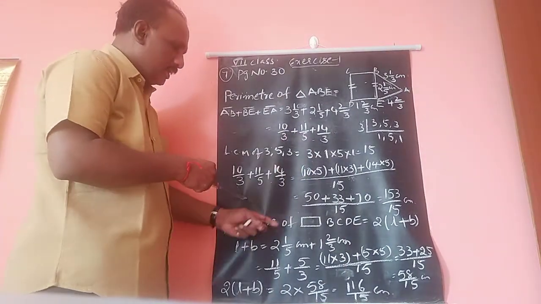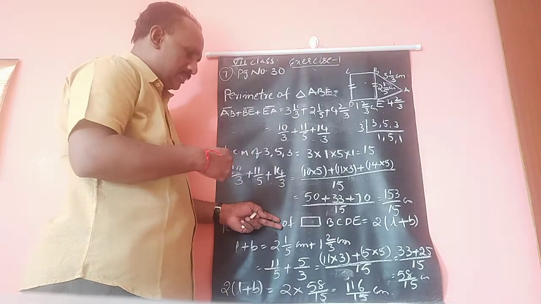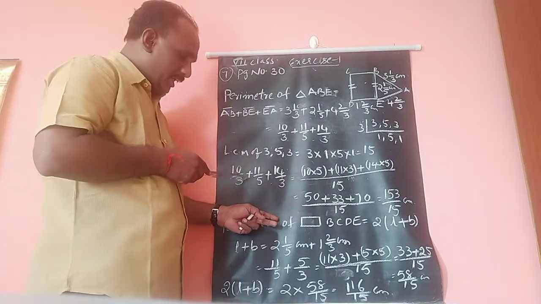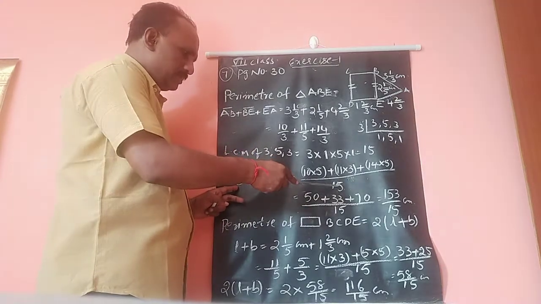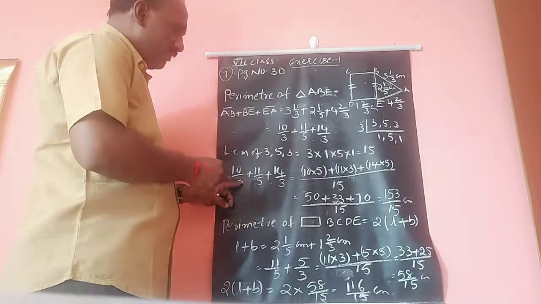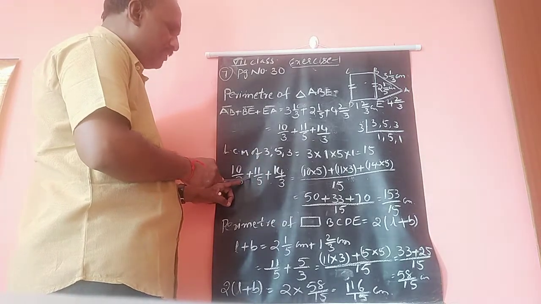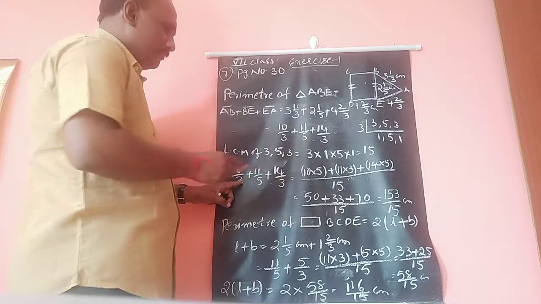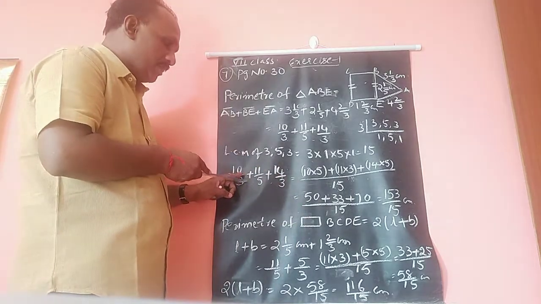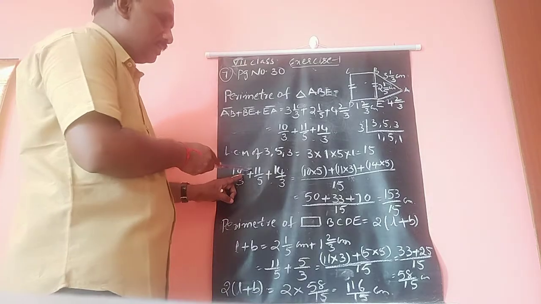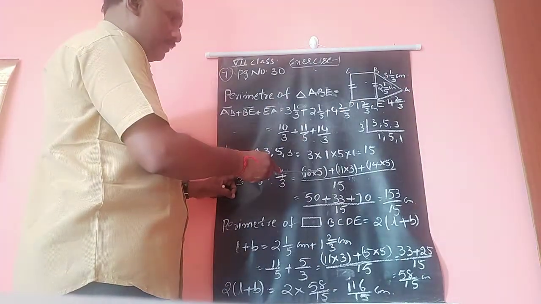Now I make these equivalent fractions, that means like fractions. 3 becomes 15 means 3 5s are 15. So if 3 is multiplied with 5 to get 15, the numerator also should be multiplied with the same number, 5. That means 10 into 5.